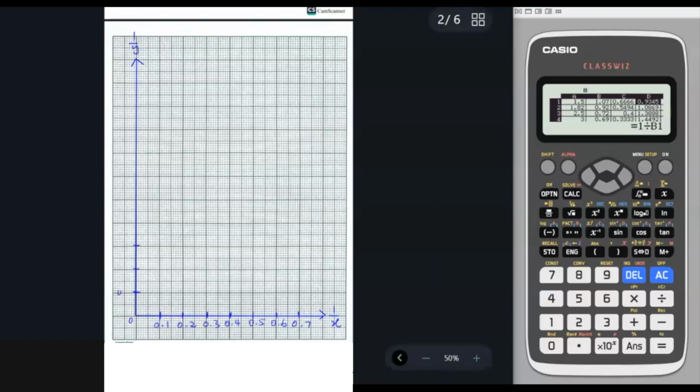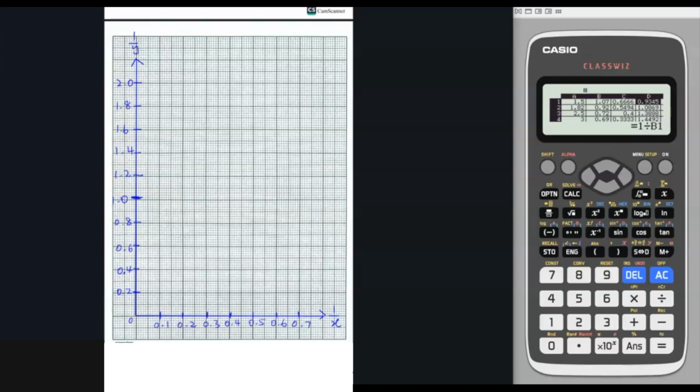So this is 0.2, this is 0.4, 0.6, then 0.8, then 1.0, then this is 1.2, and then 1.4, 1.6, 1.8, and 2.0 up to here. Because the value is until 1.79, it doesn't exceed 2.0, so up to there is enough.